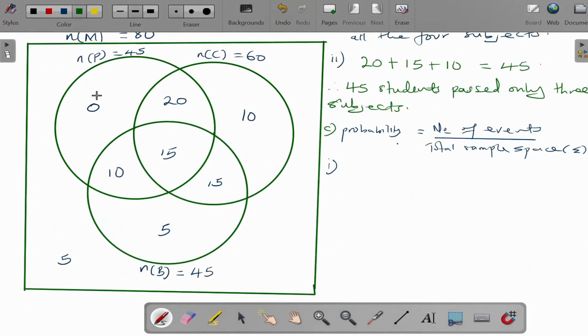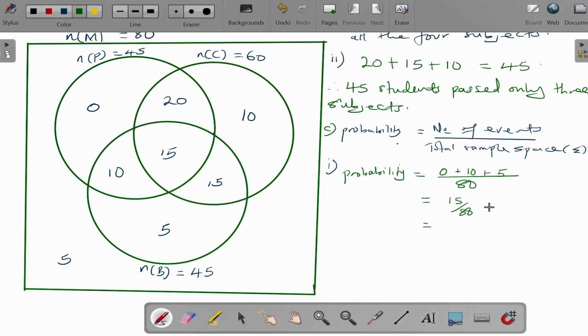Those who passed 2 subjects are here. We have 0 because this one passed physics and math. This one passed chemistry and math. Then 5 passed biology and math. So the probability equals 0 plus 10 plus 5 divided by the 80, which is the universal. So this is 15 divided by 80.